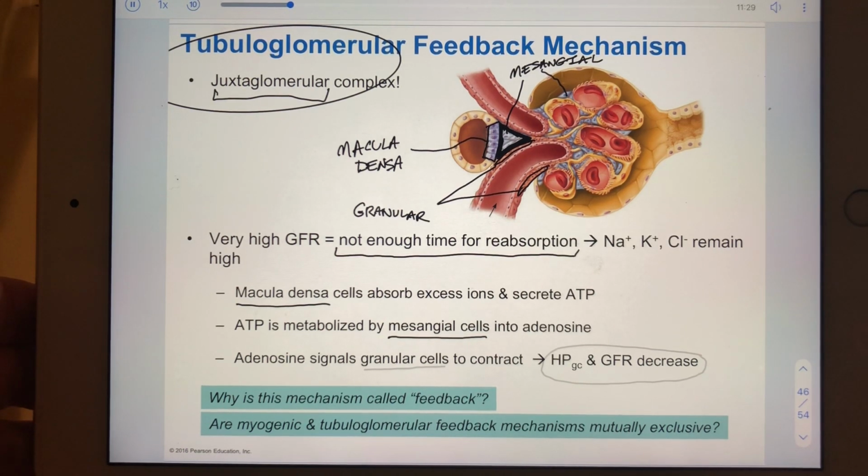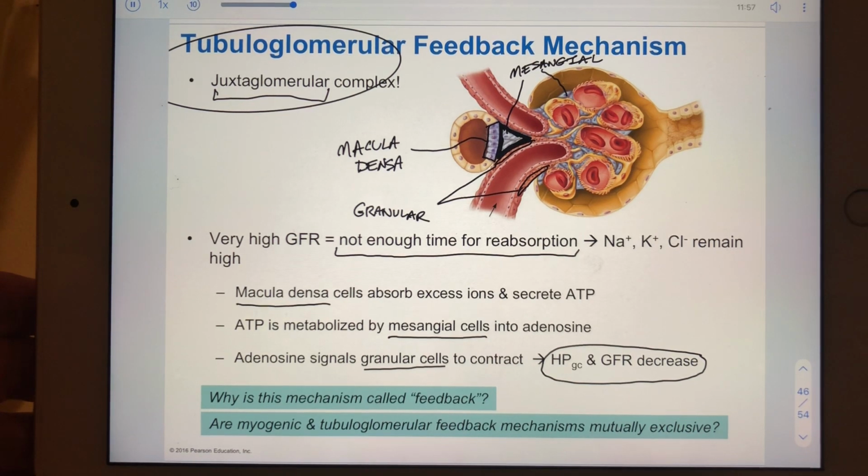And then adenosine in turn acts as a cellular signal to trigger granular cells to contract. Well, where are granular cells? The afferent arteriole primarily, okay? And therefore, once again, we're going to lower that hydrostatic pressure within glomerular capillaries. We're going to lower our GFR.